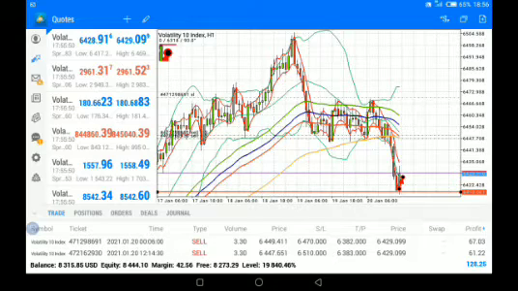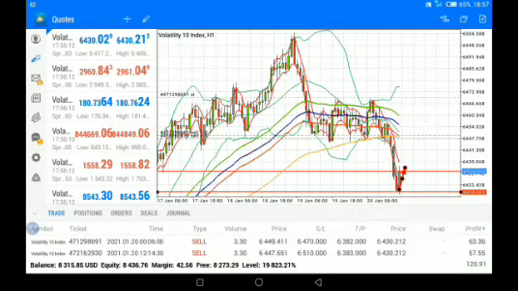I just want to leave it as simple as it is, because what I'm doing is forex raw, right from the start to the finish.